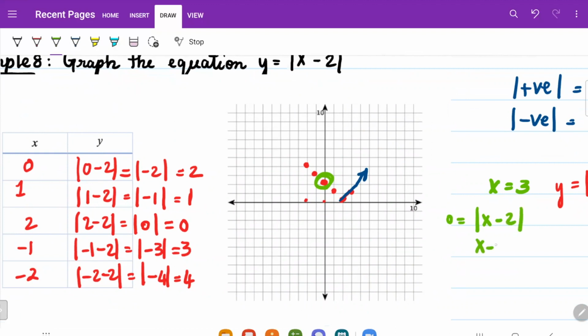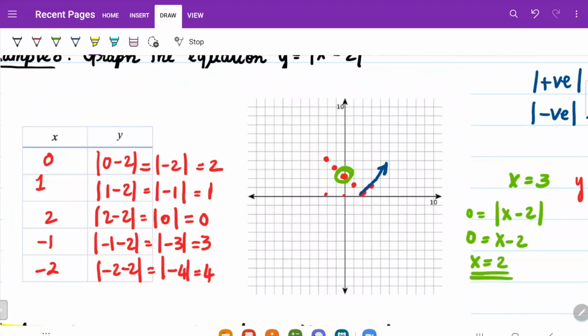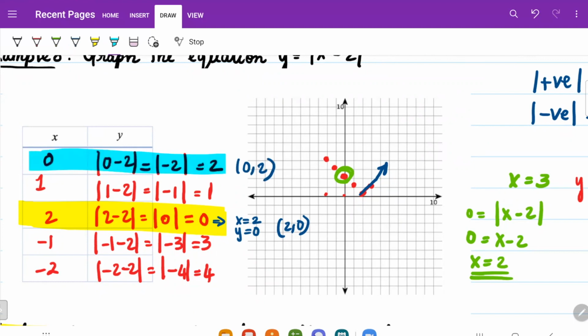Just x minus 2 equals 0. So x is 2. So our x-intercept is when x is 2 and y is 0. This is one of the x-intercepts, 2, 0. And our y-intercept is 0, 2. This is our y-intercept.